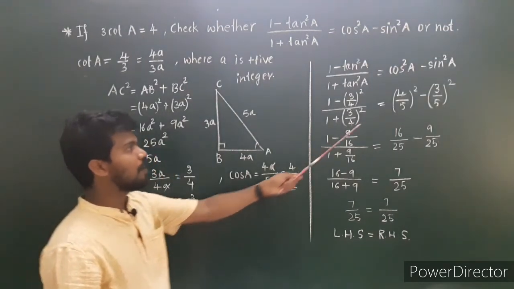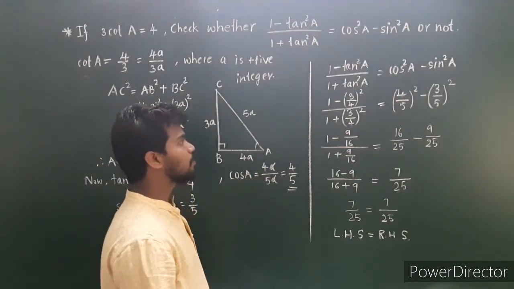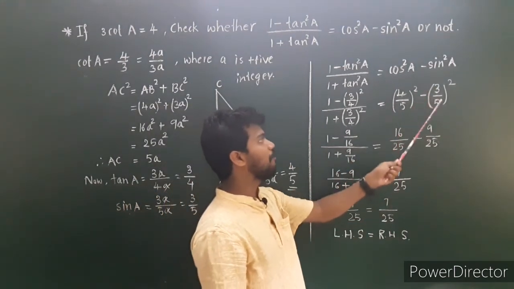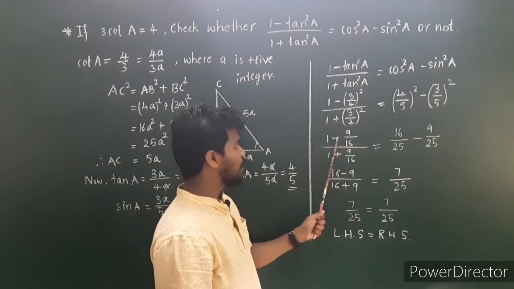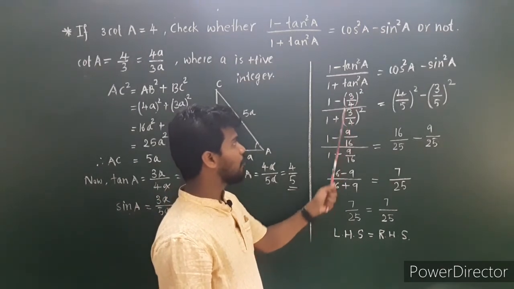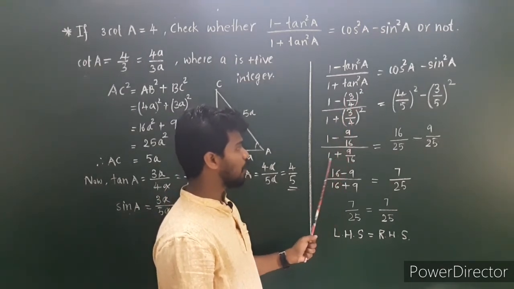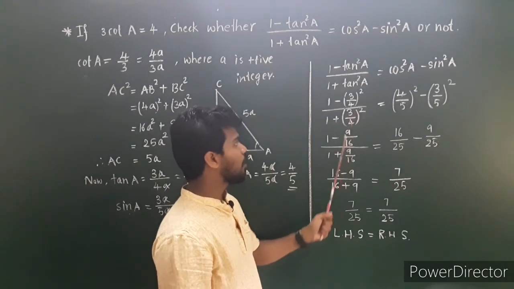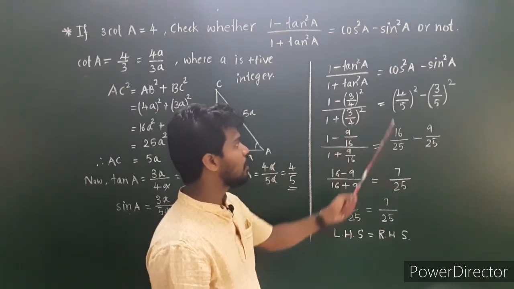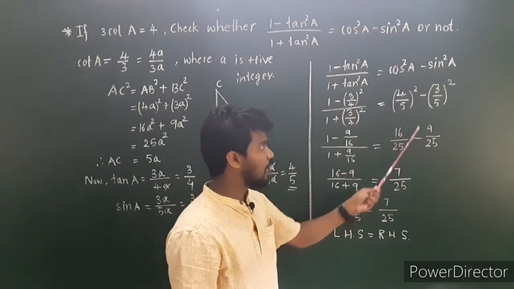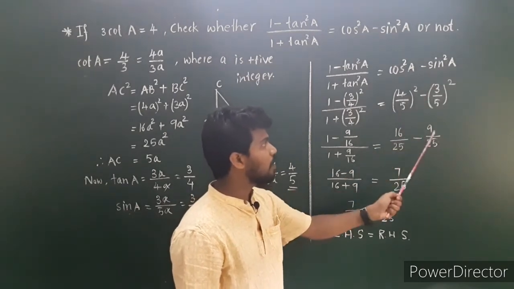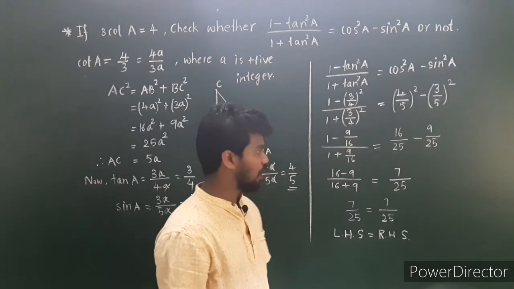We have 4 by 5 whole square. And the value of sine we have 3 by 5 whole square. See here, so 1 minus as it is 3 square 9, 4 square 16. Similarly 1 plus 3 square 9, 4 square 16. See here, 4 square we have 16, 5 square 25. Minus as it is 3 square 9 and 5 square 25.